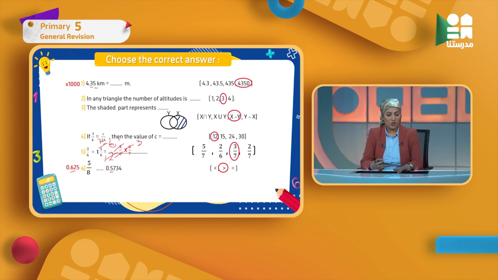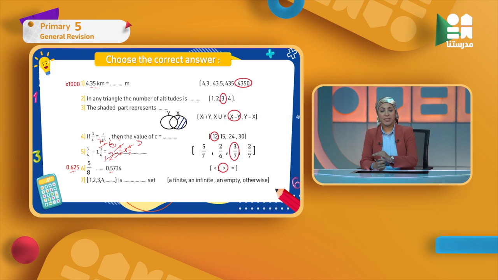Okay, question 7. The set of numbers 1, 2, 3, 4 and so on. The many dots mean it continues and has no end. It has a beginning, which is the element 1, and this set has no end.